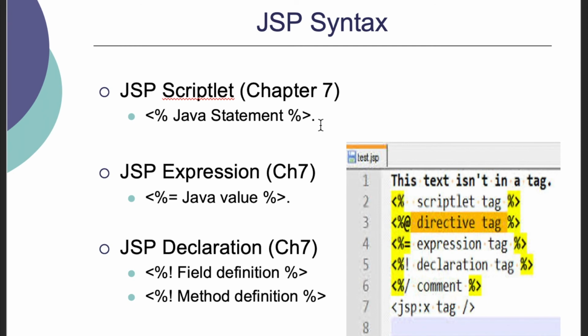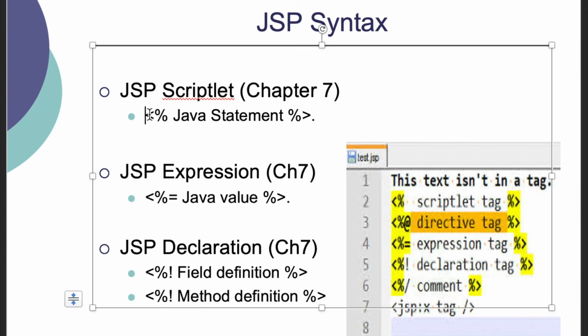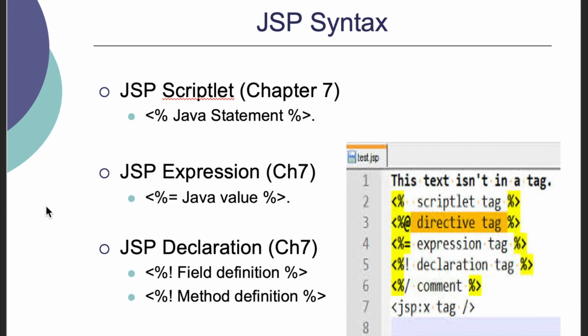Okay, next, JSP syntax. There are several syntaxes that we're going to cover in the following chapters. First one, JSP scriptlet, which we're going to cover in the next chapter. This is the text for a scriptlet. You have open, percentage, and Java statement, and close. Next, JSP expression.